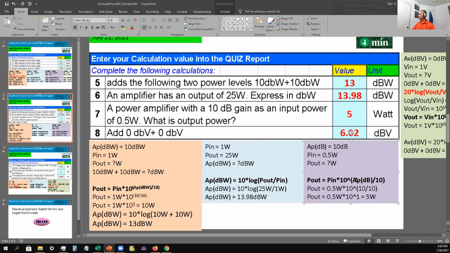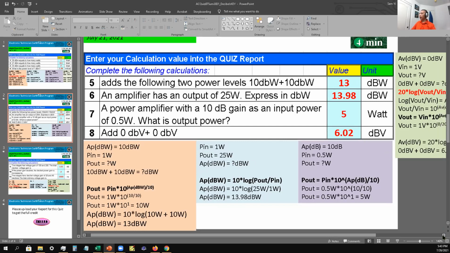P out equals P in times the quantity 10 raised to the dB divided by 10. So you got your Pn, which is 0.5, times 10 raised to the power of 10 divided by 10. So 10 divided by 10 will be 1, that's the same thing as 10. 10 times 0.5 would be 5 watt. So that's why number 7 is 5 watt as the answer.